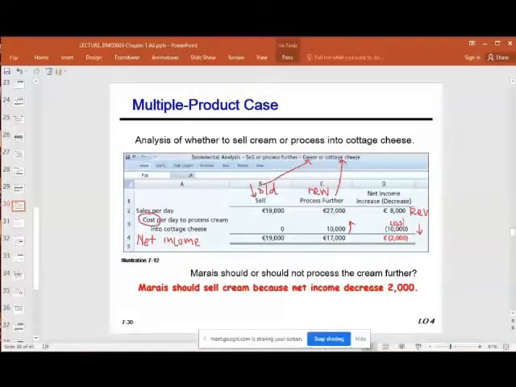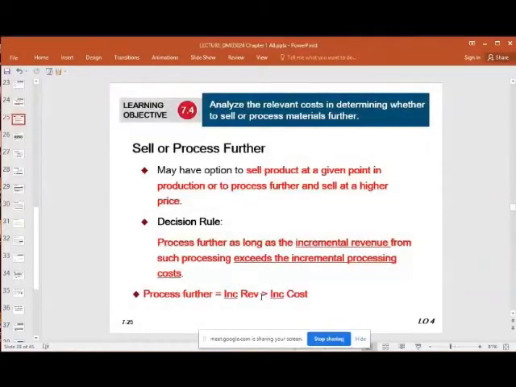So if you look at this decision, don't look at the negative or positive, class. You just look at the numbers. Revenue is 8,000. Cost is 10,000. So do you see cost is higher? So we go back to the decision rule.